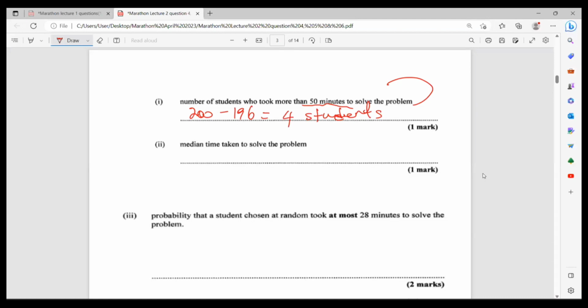We need to know what the median is. Our median is what we classify as the second quartile. We call it Q2. And we all know that it is 50% of your sample. Now, you're going to have to use your understanding.